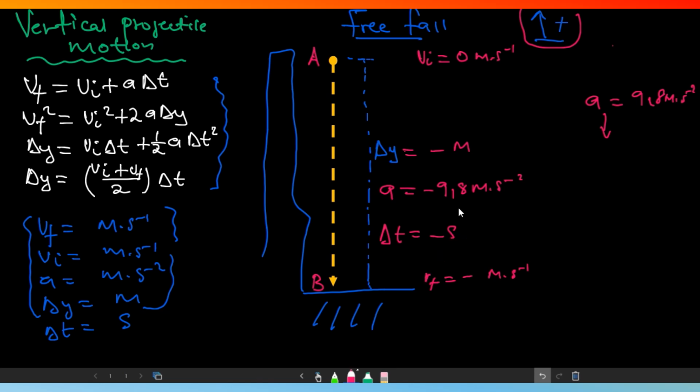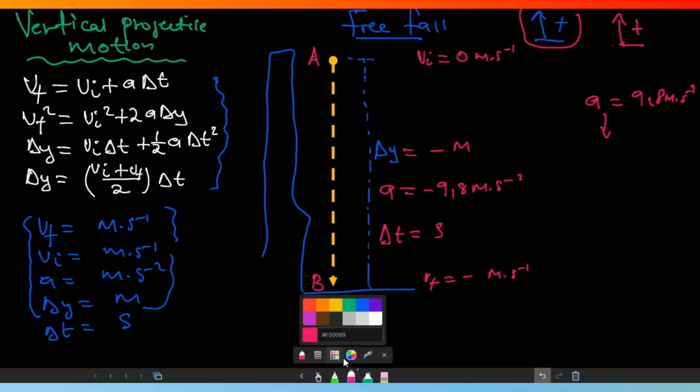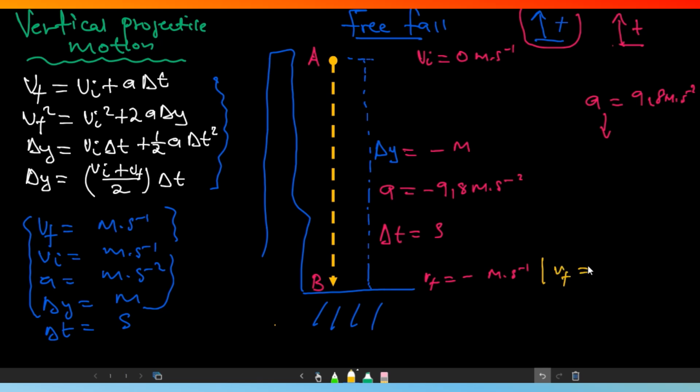These are the things we have to know when dealing with an object in free fall. Time is just always positive. Now let's say we choose downwards as positive.